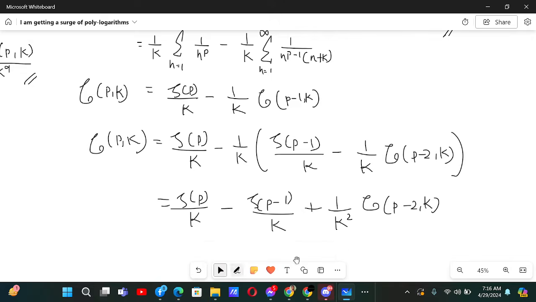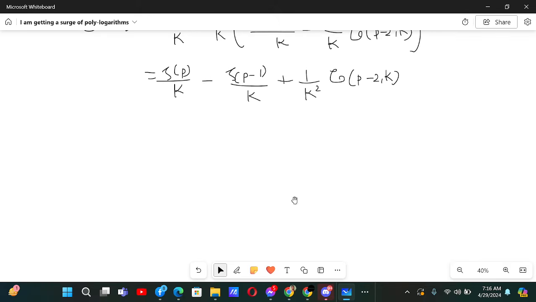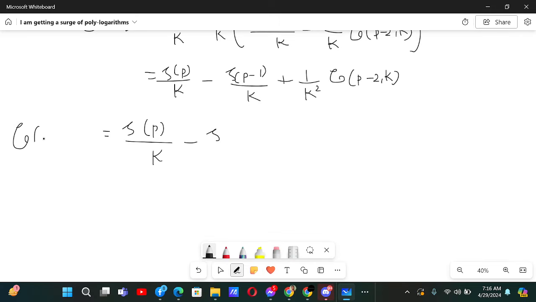Okay, now let me try to write all the terms. Riemann zeta of p by k, minus Riemann zeta of p minus 1 by k square.